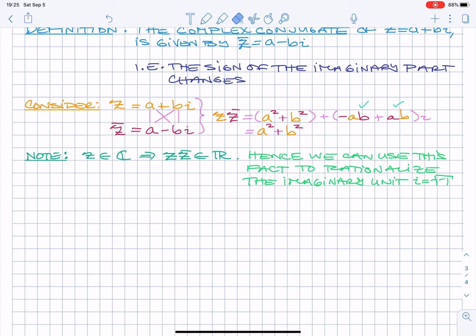You know, that's a terrible square root symbol. The square root of -1 in a complex number quotient. Okay.